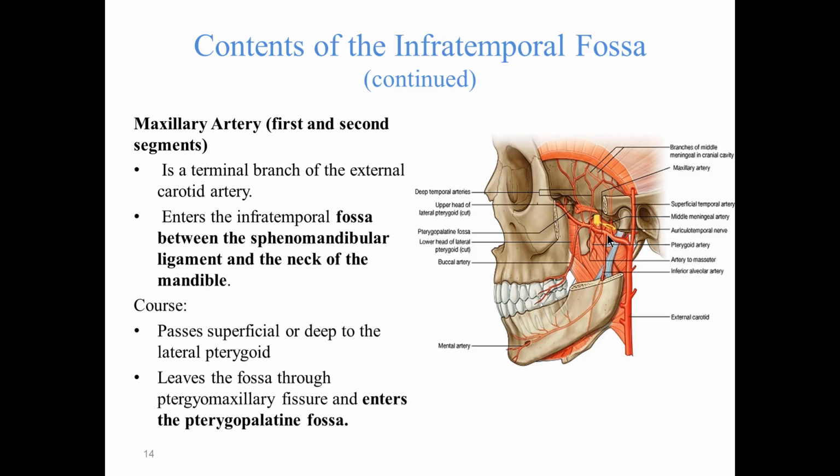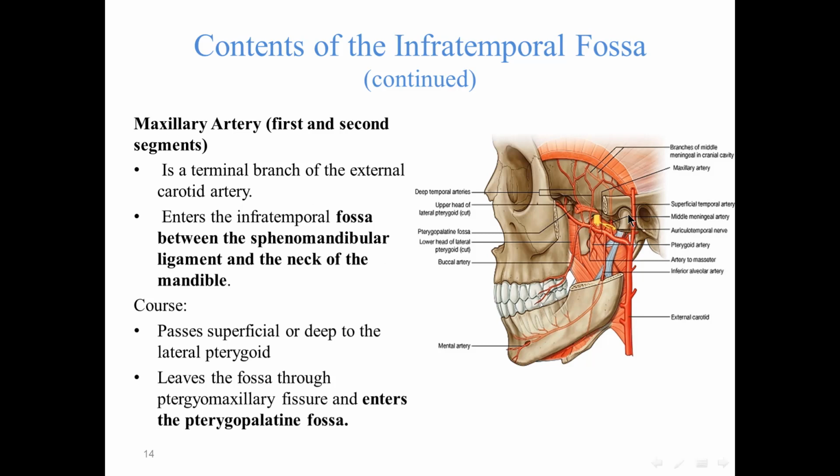Then the second part ascends obliquely forward and medial to the temporalis and is usually superficial to the lateral pterygoid muscle. And the second part leaves the infratemporal fossa through the pterygomaxillary fissure.